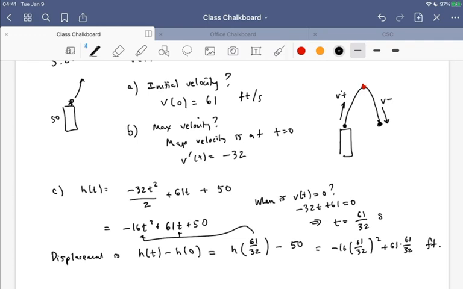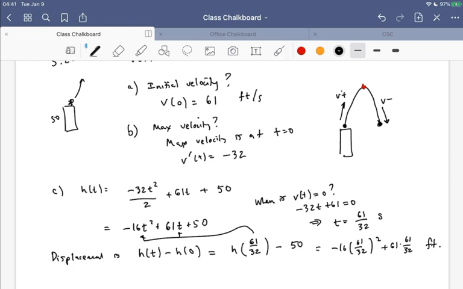And so the time at which the maximum displacement occurred was the 61/32. And that's the answer to part D. When does the maximum displacement occur? And of course, that being a time quantity is in seconds, because that was the time unit for this problem. So C and D kind of were a package deal.